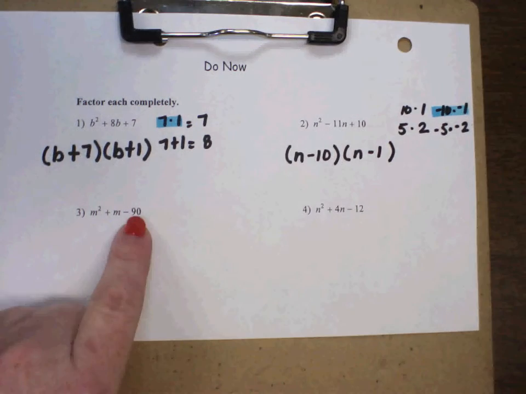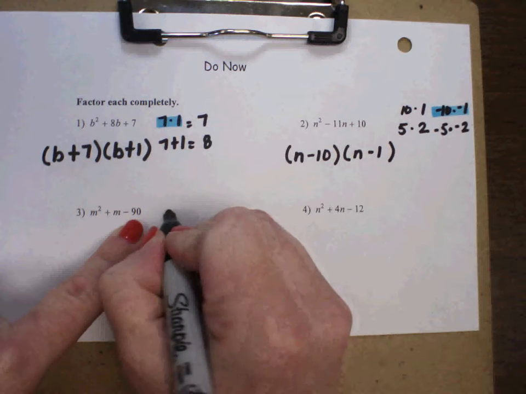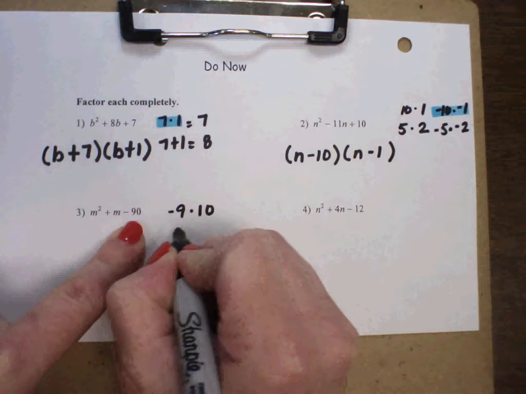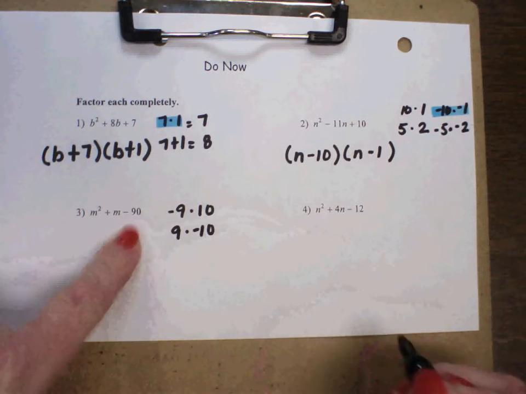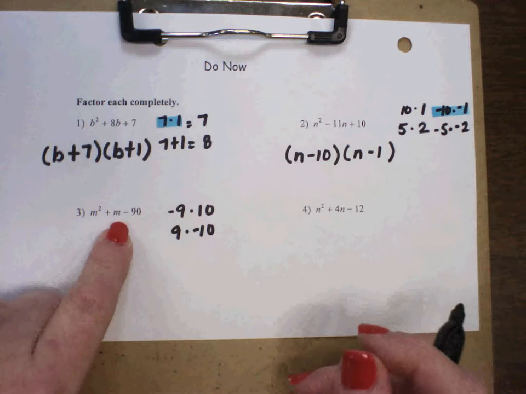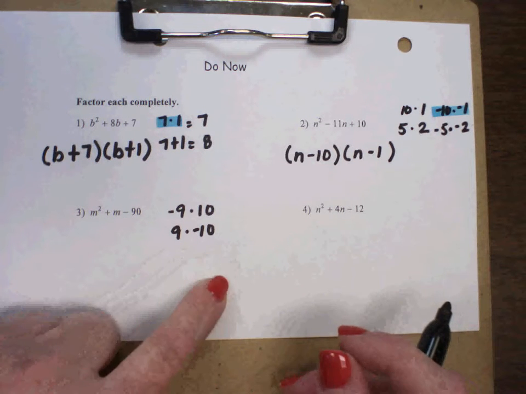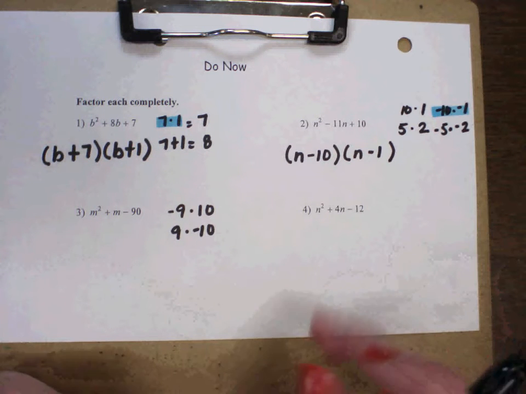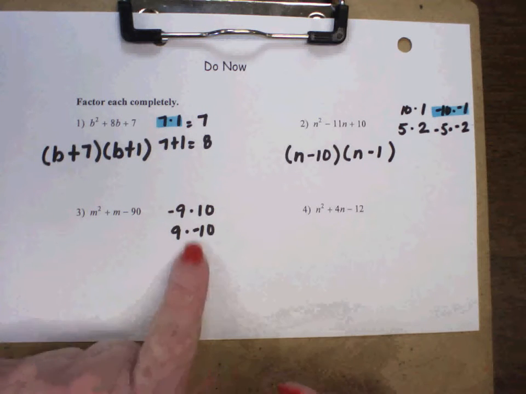Okay? All right, for 90, negative 9 times 10 or 9 times negative 10, right? You can have 90 times 1, but you need a 1, so that's too big. You can have 45 times 2, right? You can have something times 5. I can't remember how many times 5 goes into 90.